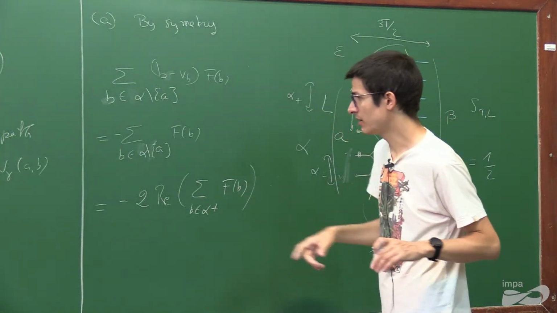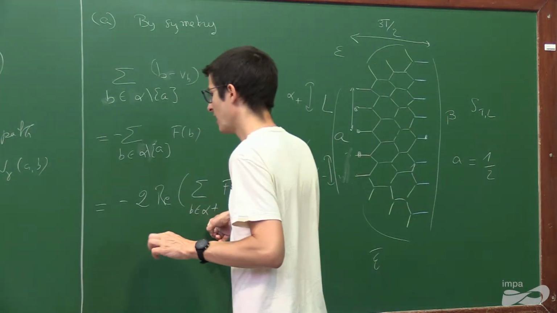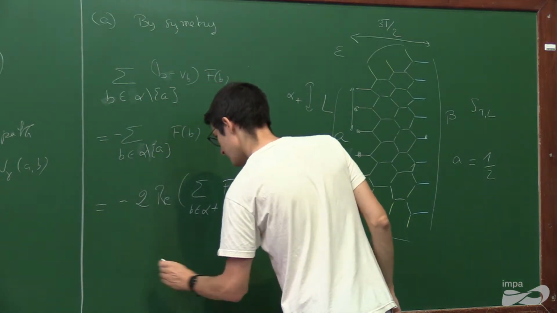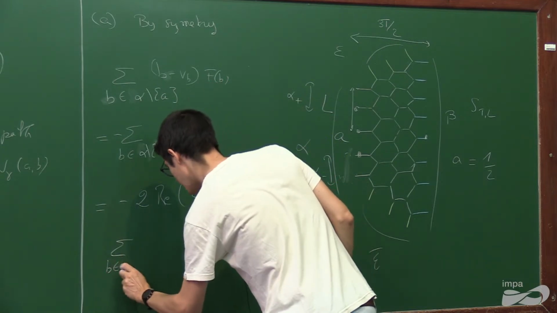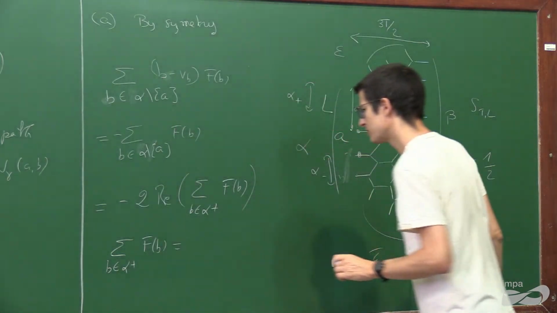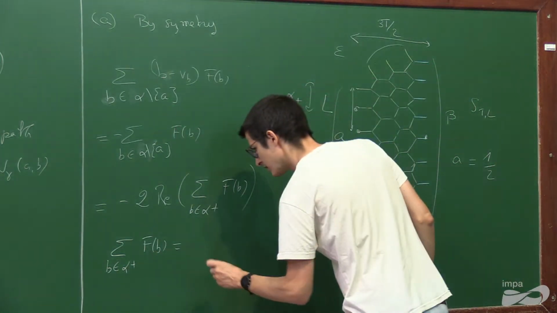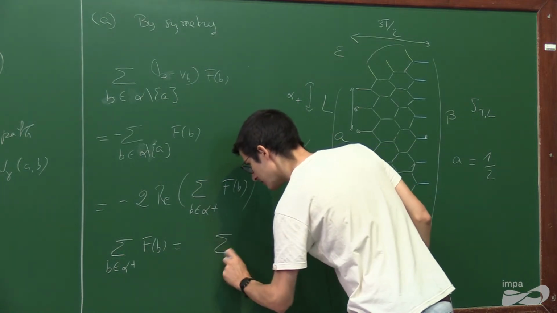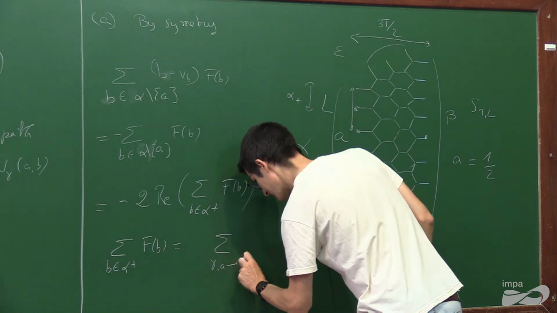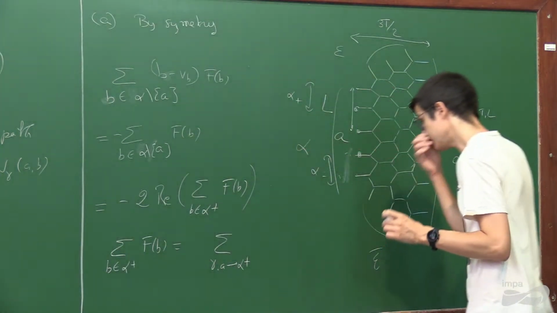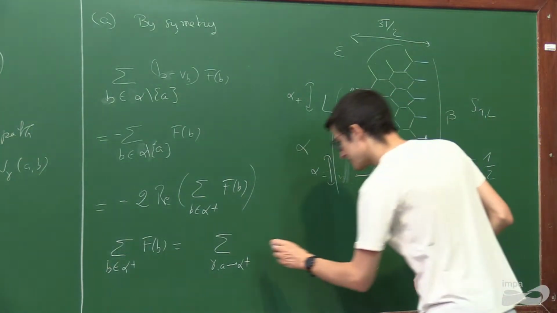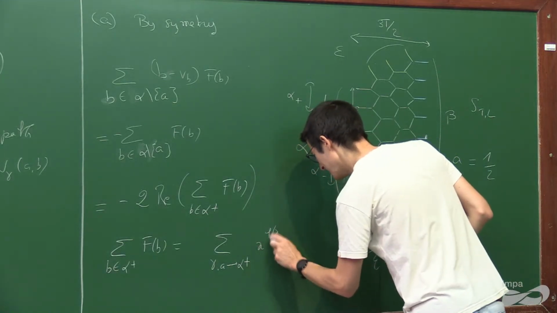So now what can we say about this? It's equal to the sum over gamma from A to alpha plus of x to the L gamma.